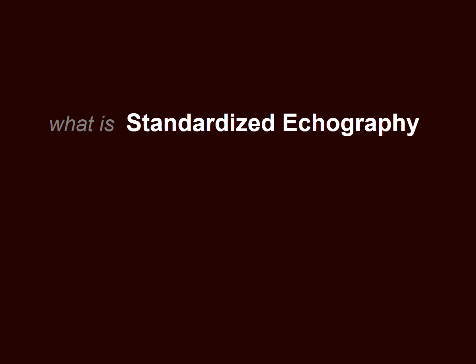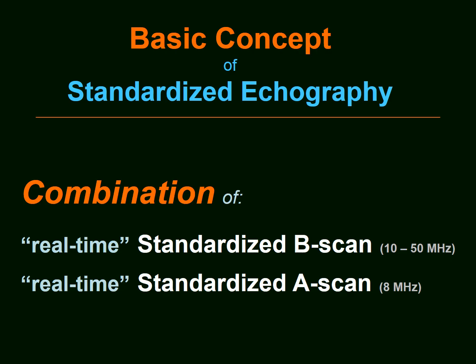And then the question, what is standardized echography? The basic concept is a combination of real-time standardized B-scan, 10 to 50 megahertz frequencies, and real-time standardized A-scan, 8 megahertz frequency.